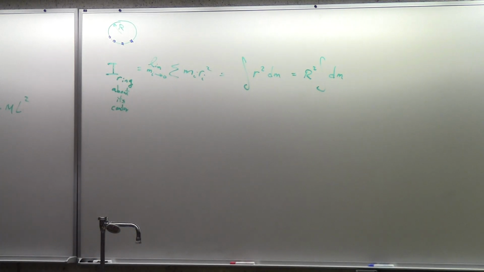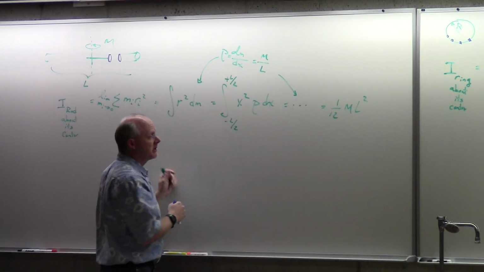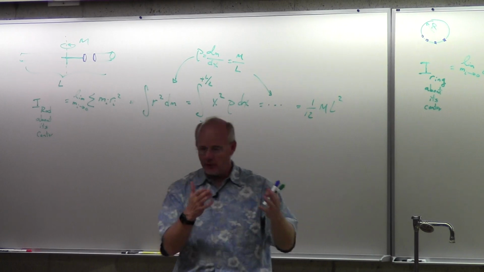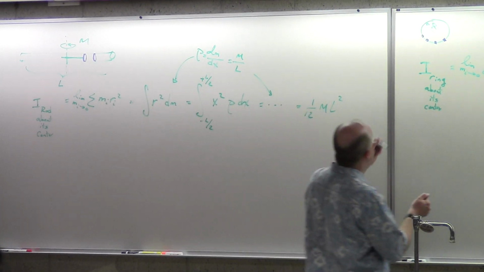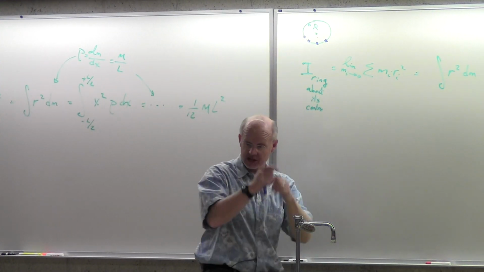Now that wasn't the case over here. Over here, the little r was the same as the x, because that's what r meant, the distance the mass is from the rotational axis, which was x. But in this case, maybe I should have said the axis is coming in and out of the board here, so it's spinning this way, and I should have emphasized that.